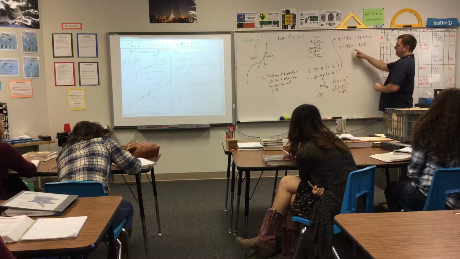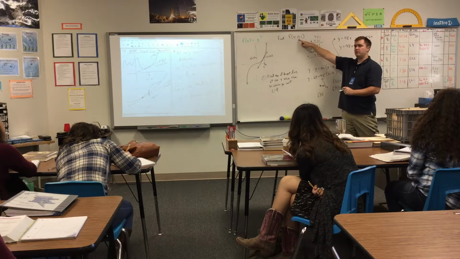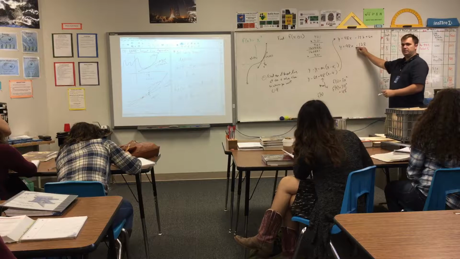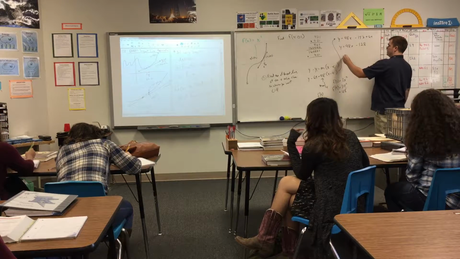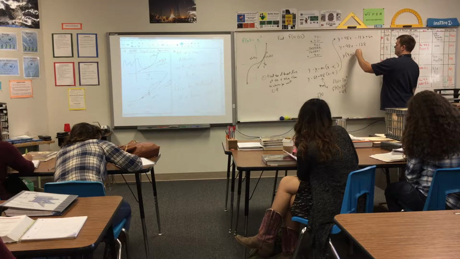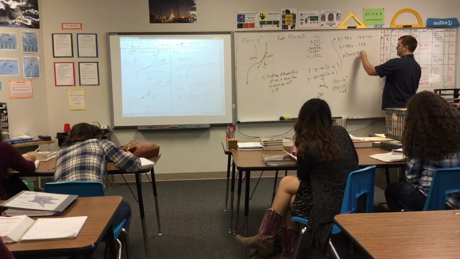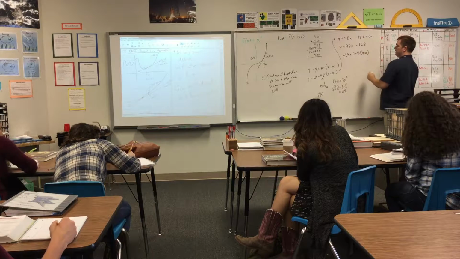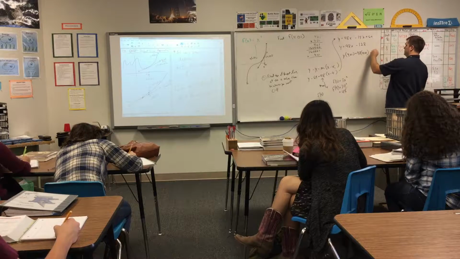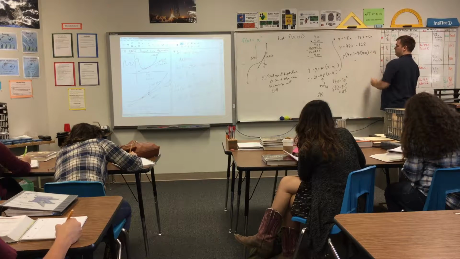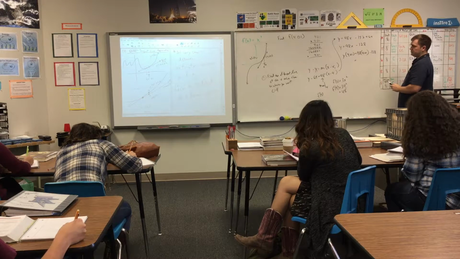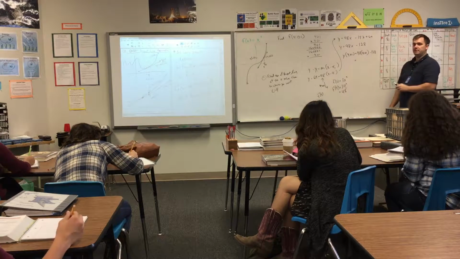Now let's plug in 4.01, not to the original function, but to our tangent line approximation. So I might say y of 4.01 equals 48 times 4.01 minus 128. Anybody?